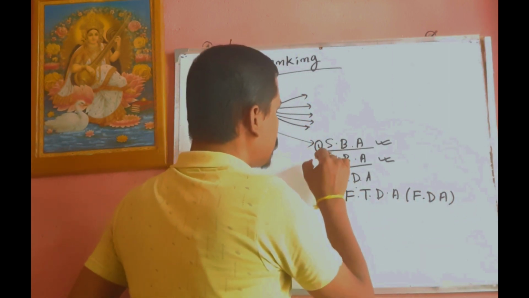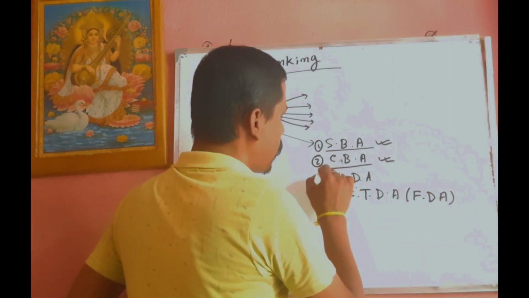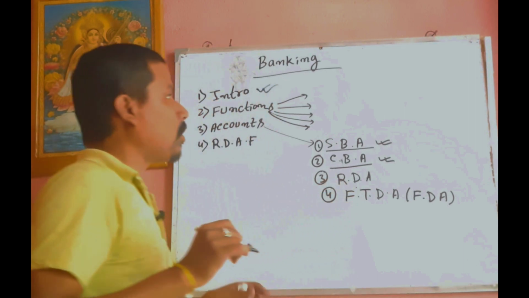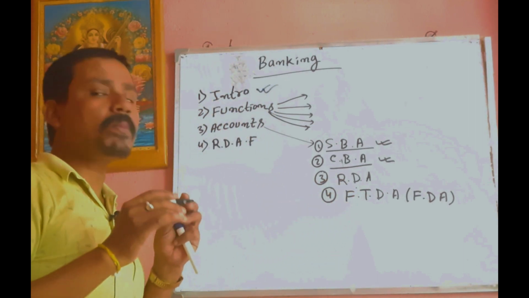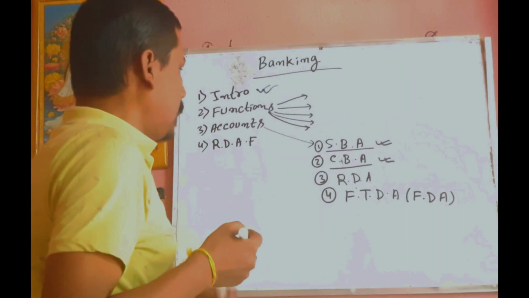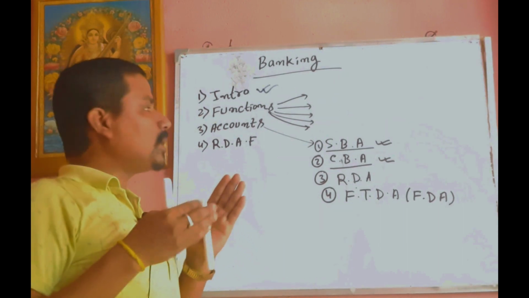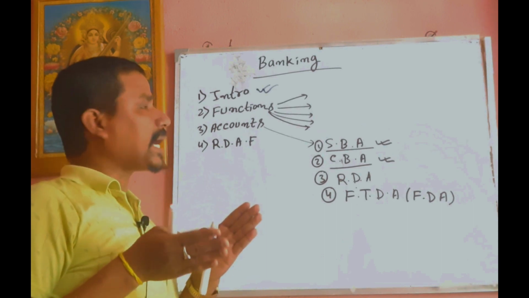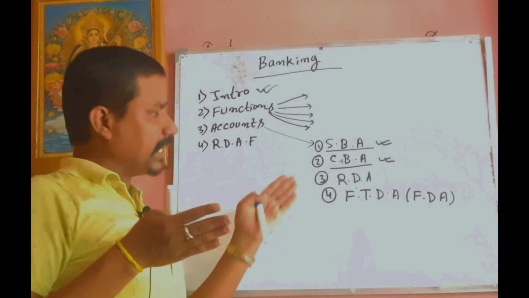So 1, 2, 3, 4 types of accounts are there in a banking institution or financial institution. So this is the complete account section, that is, how many accounts there are in the bank and their names.